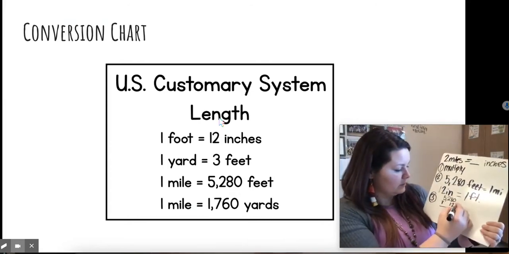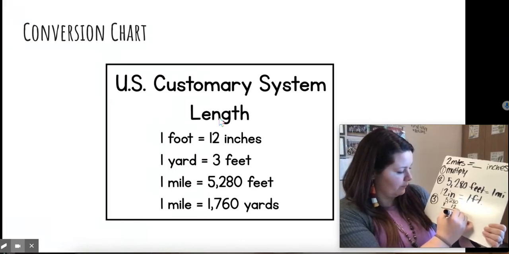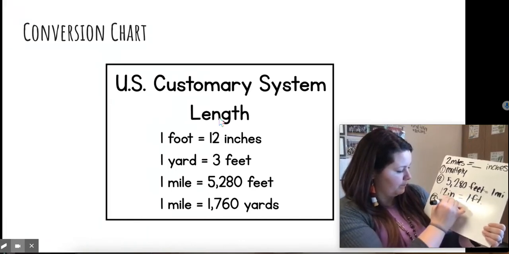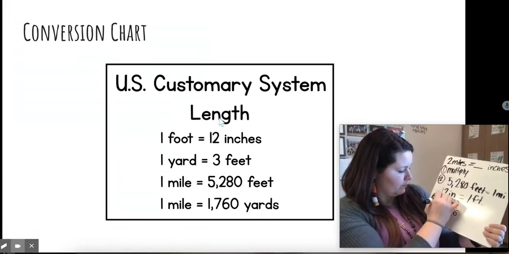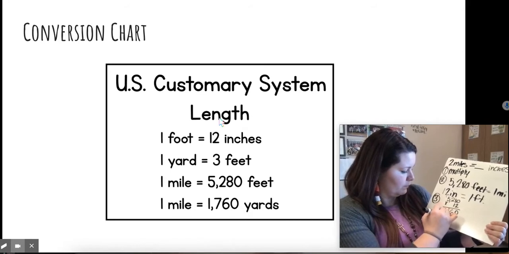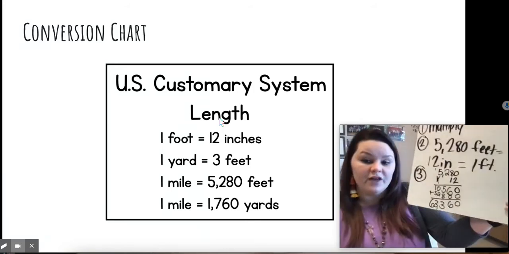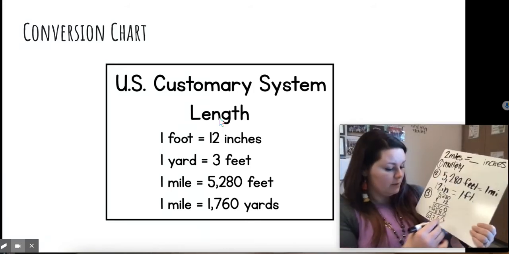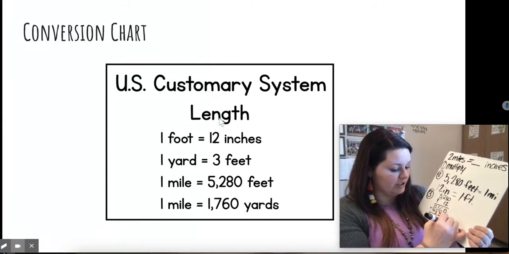When we do that, we get 63,360. But that is the amount of inches in 1 mile.